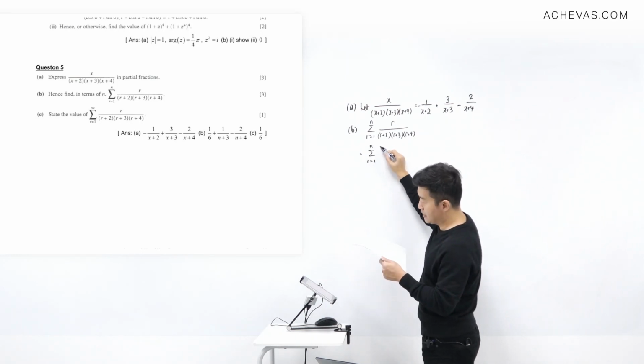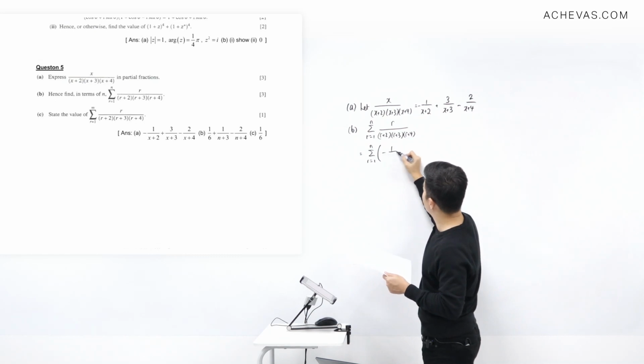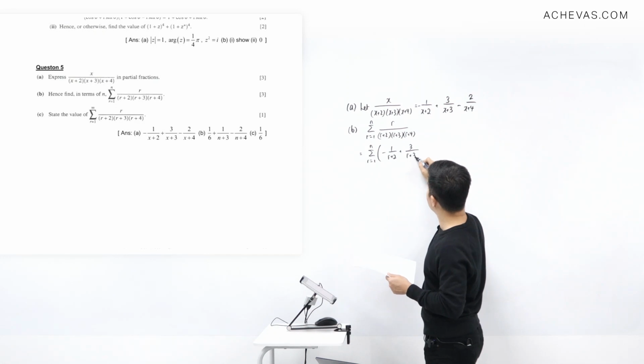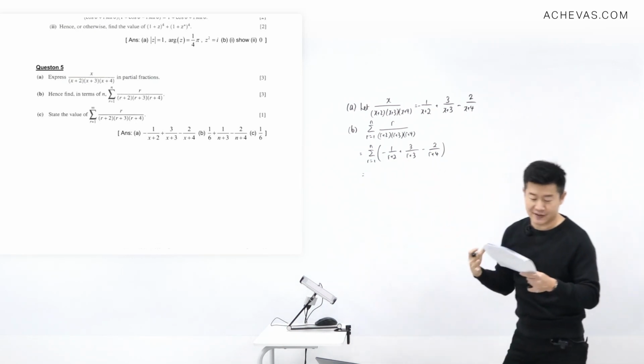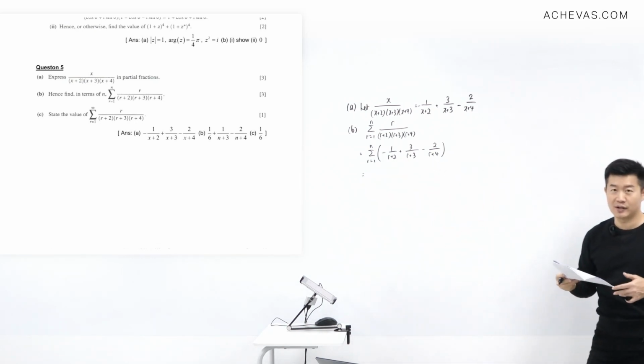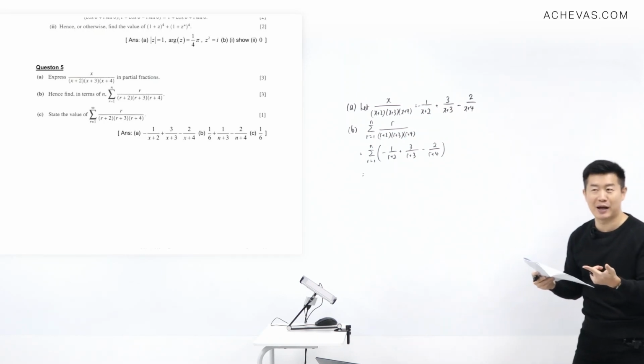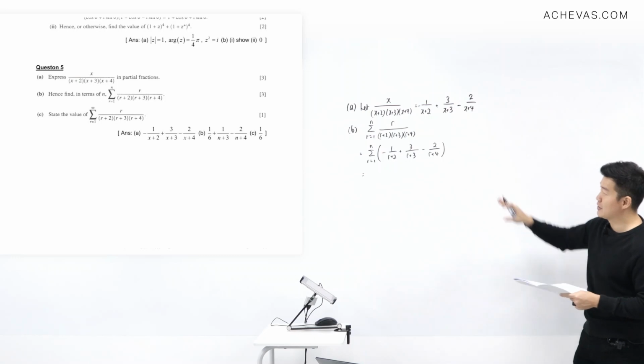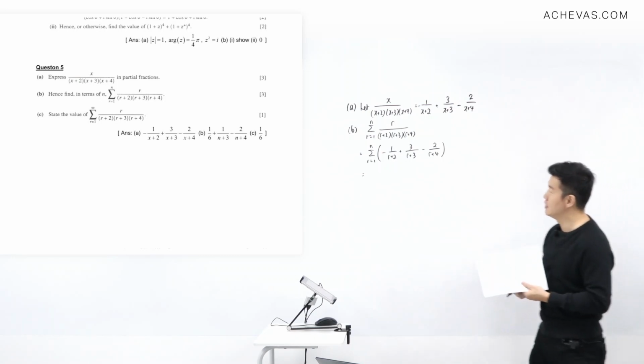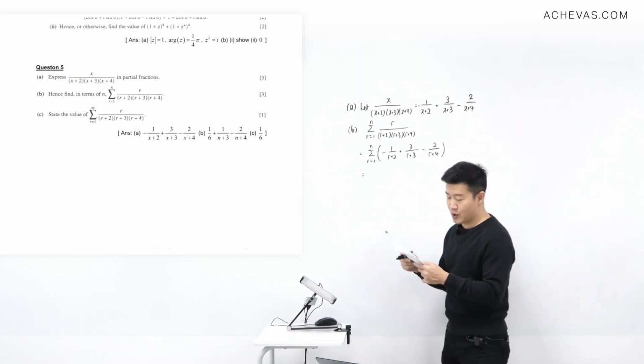So this will become minus 1 over r plus 2, plus 3 over r plus 3, minus 2 over r plus 4. Let's expand this and present it in the way that will allow us to experience the method of difference, because that is what I guess can help us to evaluate this summation.